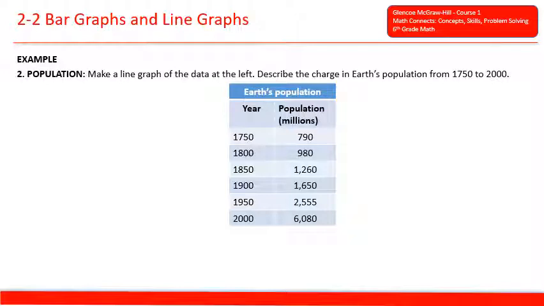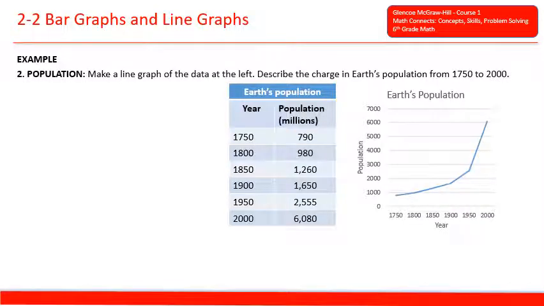In 1800, there were 980 million. In 1850, it becomes 1,260 million. So if we convert that to a bigger number, it would be 1.2 billion people. Then in 2000, it's 6 billion people.